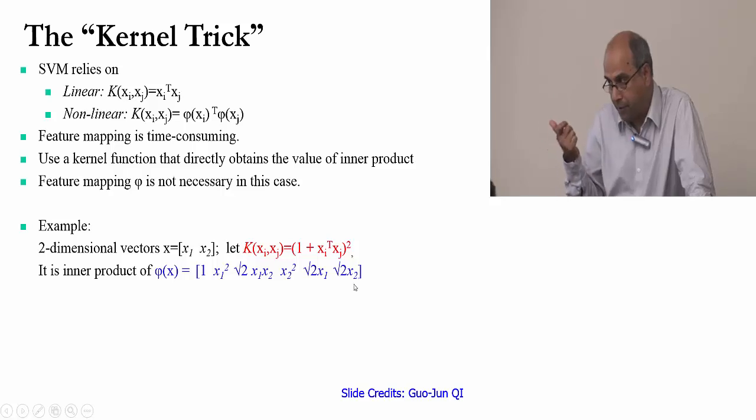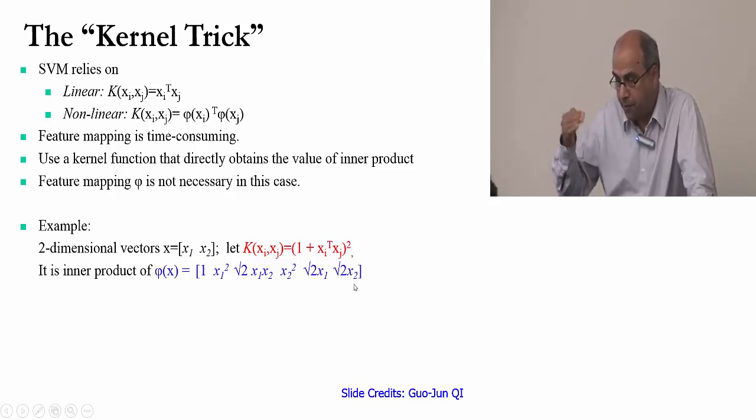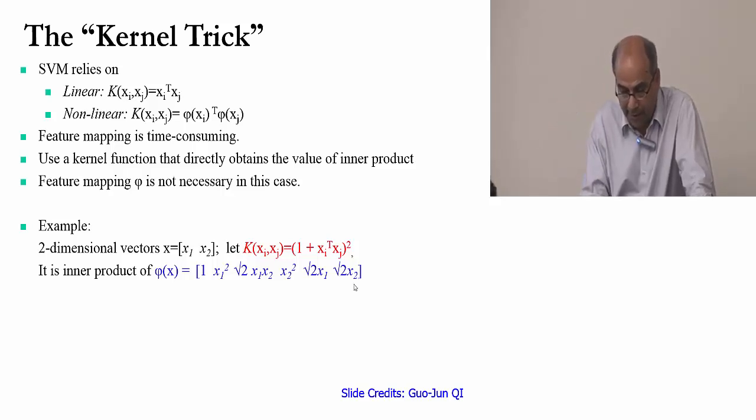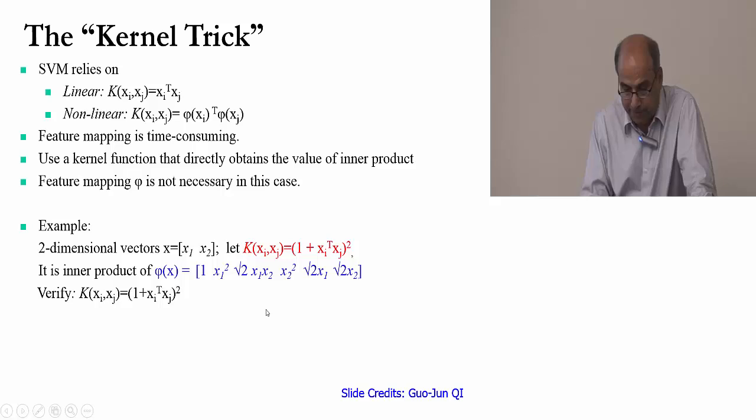So that's actually the mapping which is happening. From 2 we are going to 6 dimensions, and if we map xi like this and xj like this, then the dot product is equivalent to applying this kernel. So let's look at this and we'll come back to that.